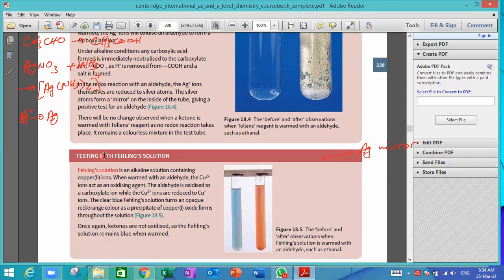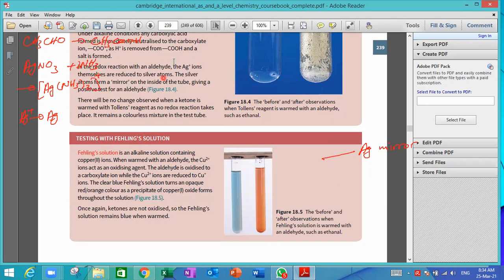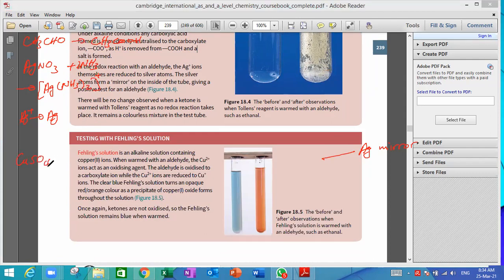The second test is adding a solution that we call Fehling solution. What is Fehling solution? It is copper sulfate dissolved in an alkaline solution. As you see, copper sulfate is blue in color.